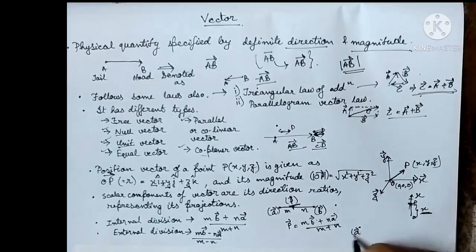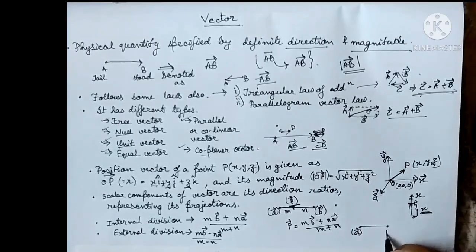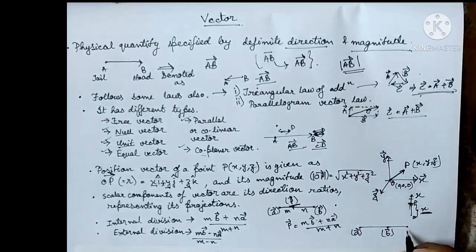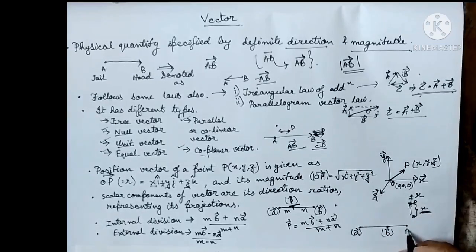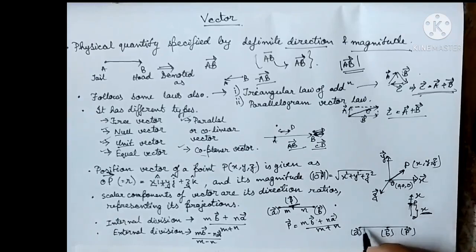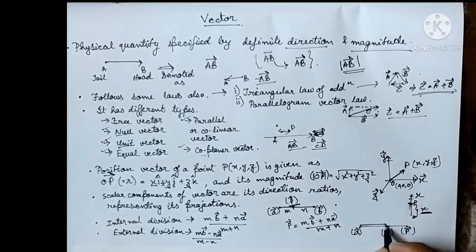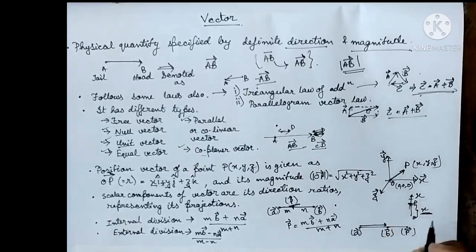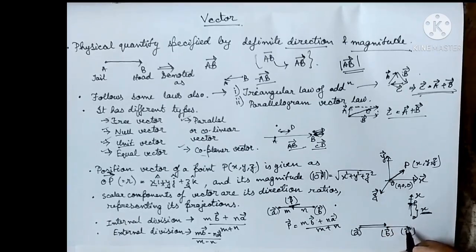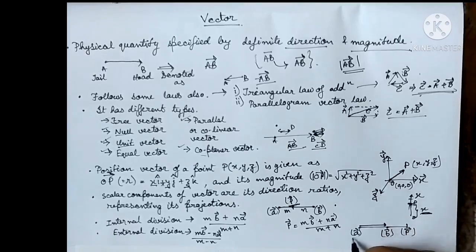This one is a vector, this one is b vector. So this is the AB vector we are talking about, and at this point we need to find the position vector of point P. We have these two.